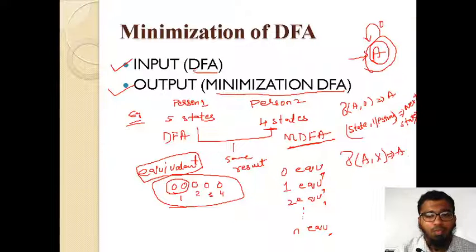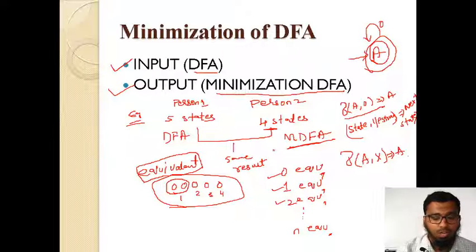From a normal DFA to a minimized DFA, we go with the help of 0 equivalent, 1 equivalent, 2 equivalent, and n equivalent, using state, input string giving next state. When we see the example, you will get more clarity.